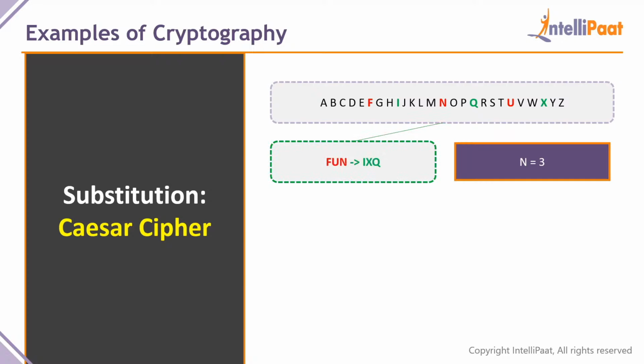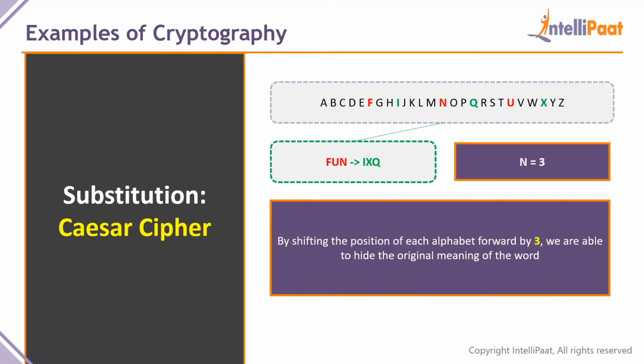So what will happen is we essentially convert it to that. For F, we get I, for U, we get X, and for N, we get Q, right? So this is what happens when we use the value of 3 to encrypt our word with Caesar cipher. Our final encrypted text is IXQ.